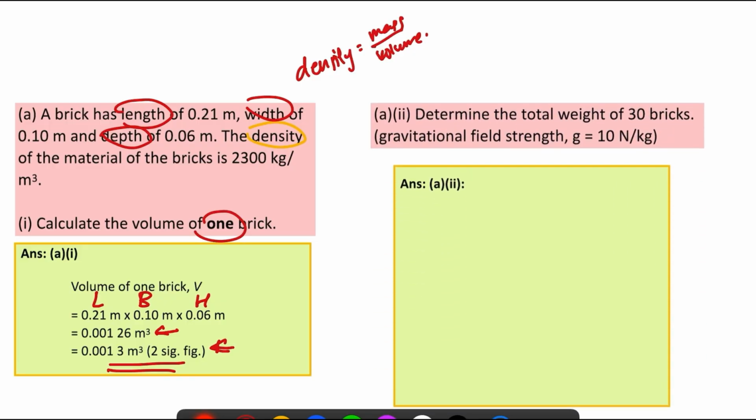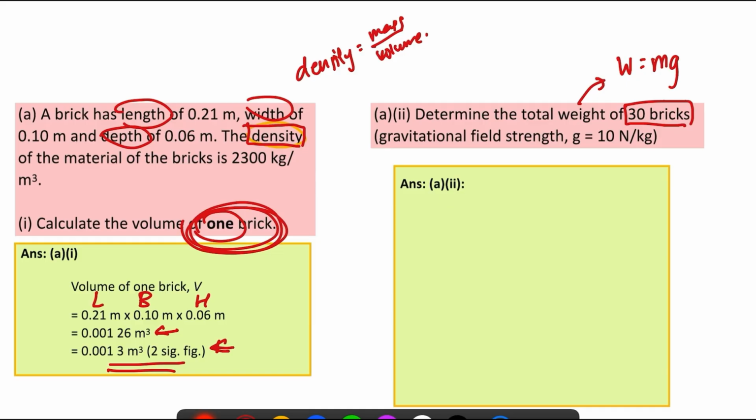Next, determine the total weight. W equals to mg, so we will most likely be using this formula. Total weight of 30 bricks. What we calculated just now is actually the volume of one brick, so later we need to multiply by 30. Based on part 1, we have the volume, and in the question we have density.